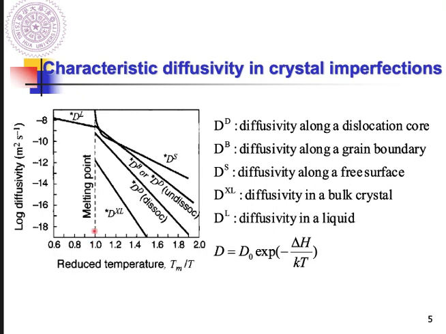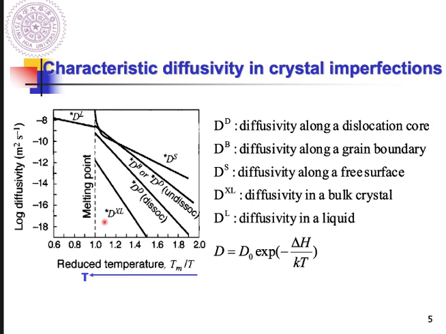So when the temperature is higher than the melting point, the characteristic diffusivity we talk about will be the diffusivity in liquid. When we decrease the temperature, we can see there are several characteristic diffusivities, which means diffusion along different diffusion paths, right?